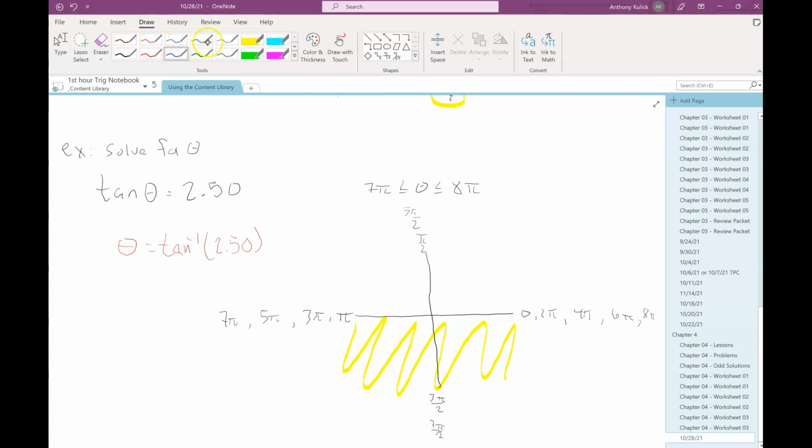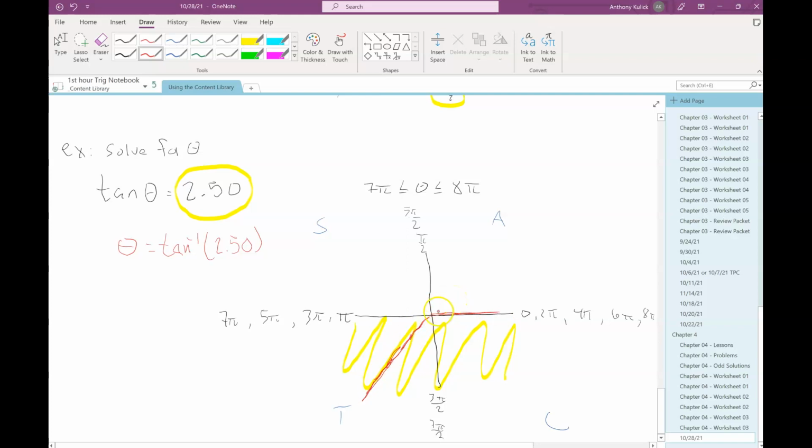Now, I remember that, again, all silly turtles crawl. In my situation, tangent is positive. So between quadrants 3 and 4, which quadrant is tangent positive in? Quadrant 3, because of the T. So I'll draw my angle theta.